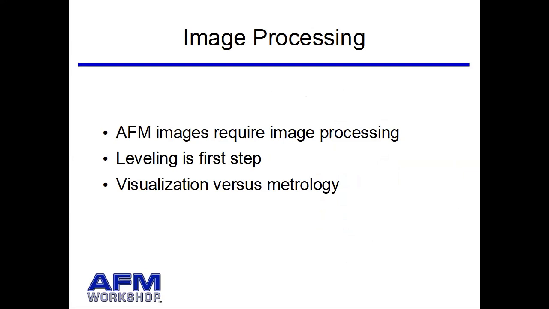Now, the final subject I have today, before the demo, is image processing. One of the things about an atomic force microscope is it directly measures surface topography. A lot of scientists are used to using SEMs and optical microscopes, and SEMs, TEMs and optical microscopes are derivative techniques.